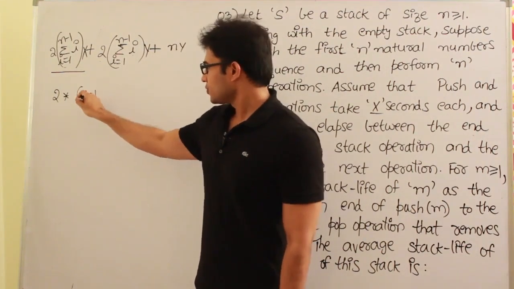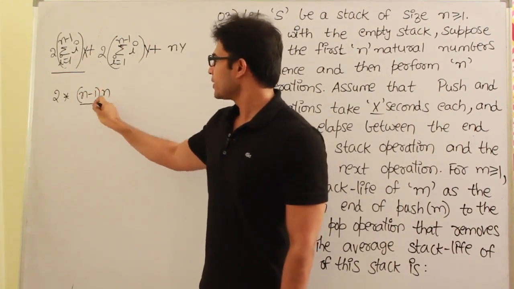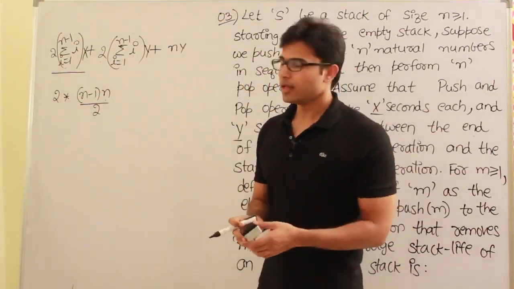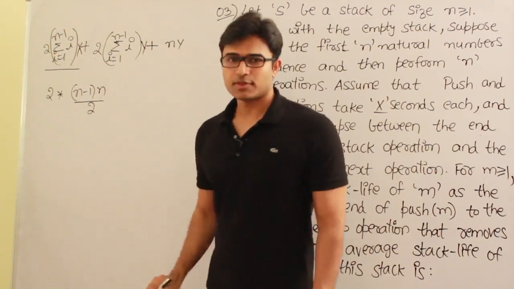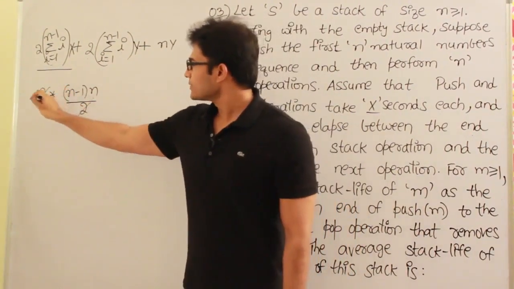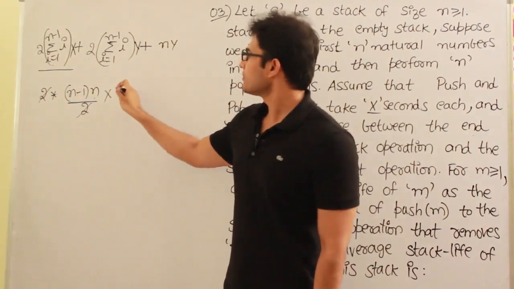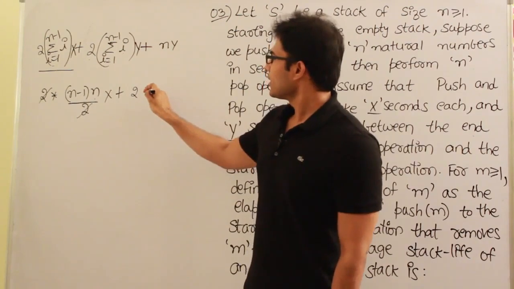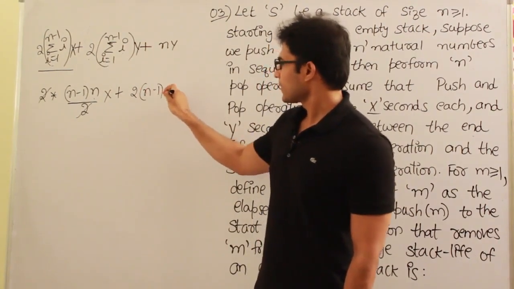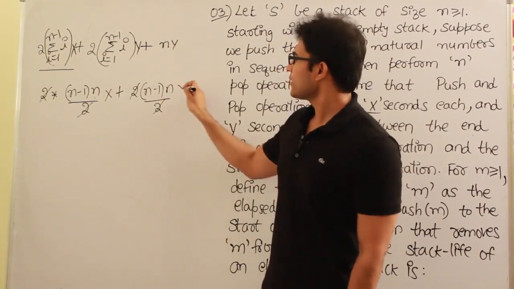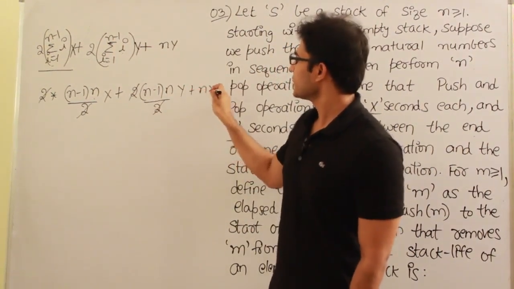N minus 1 into n divided by 2. How did I get this? Sum of first n natural numbers is n into n plus 1 by 2, and in place of n I am substituting n minus 1. Then it is n minus 1 into n by 2, right? So these two will cancel out and x will remain. Plus again the same thing here. What is it? 2 into n minus 1 into n by 2. So these two will get cancelled and y will remain there, plus ny, right?